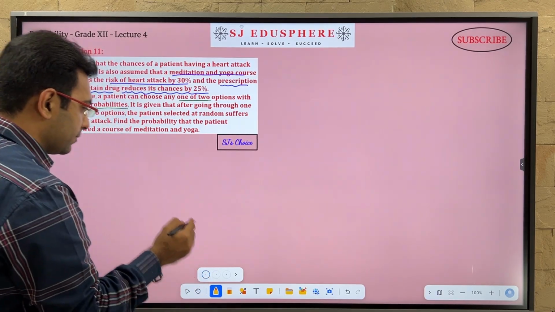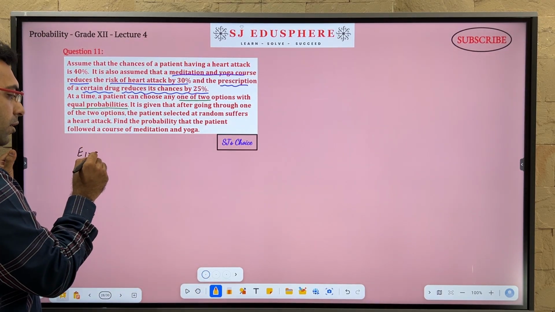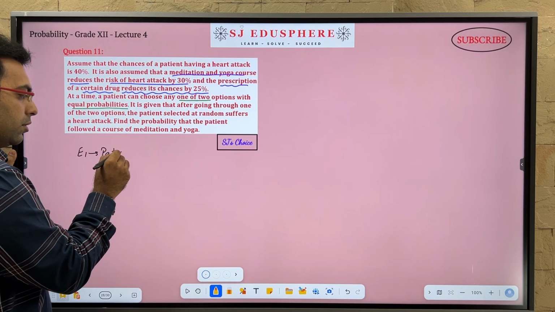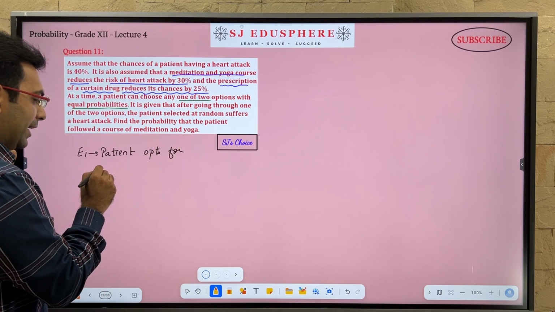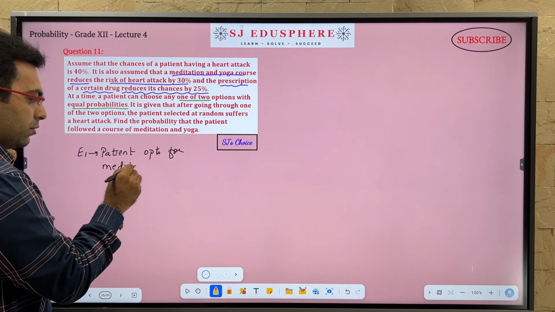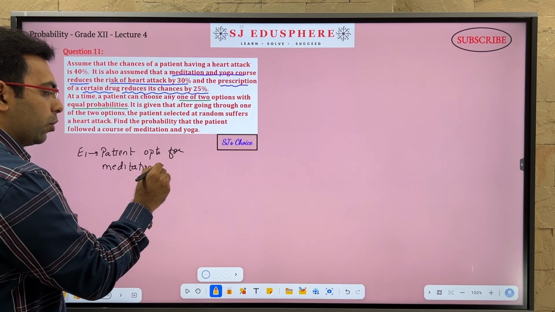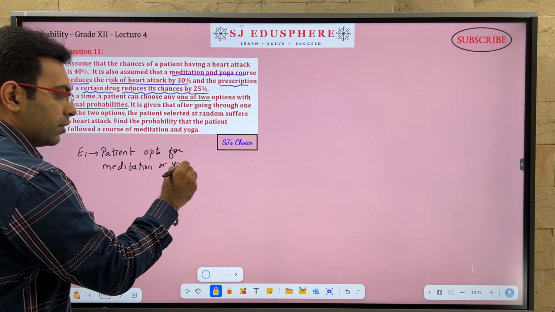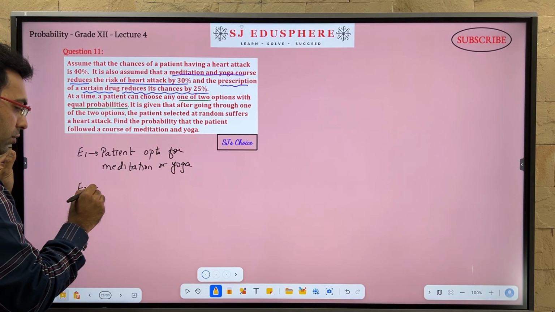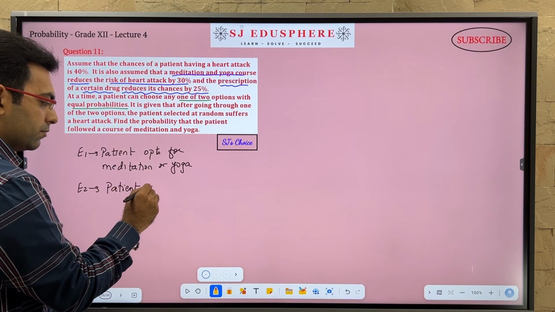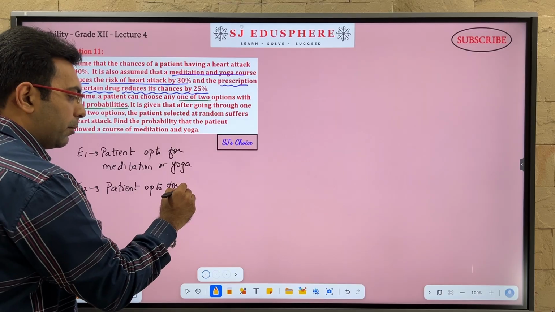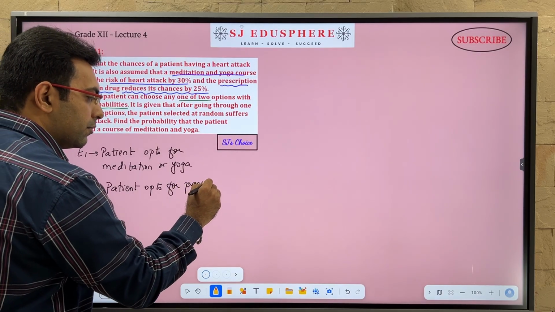Step number 1, patient opts for meditation or yoga. Step number 2, patient opts for a prescribed drug.